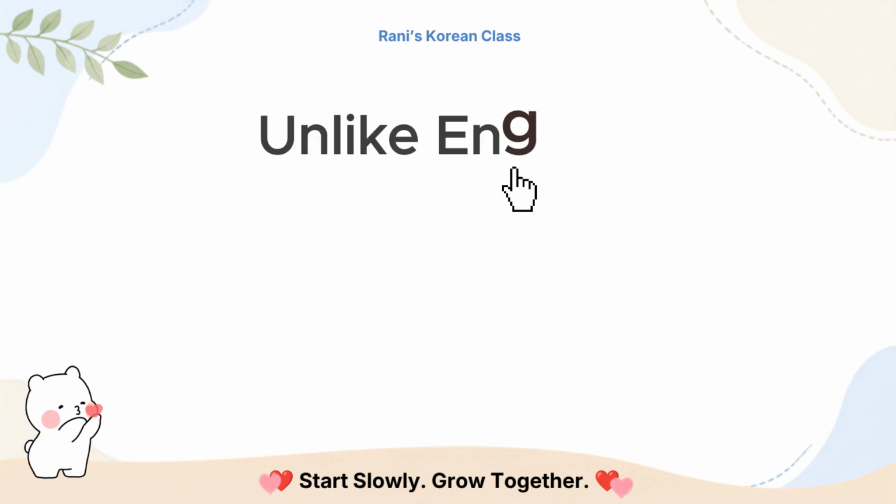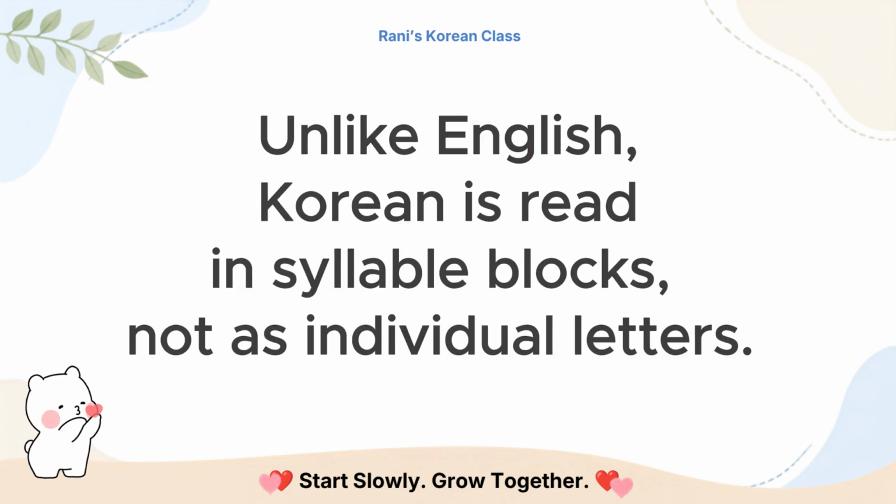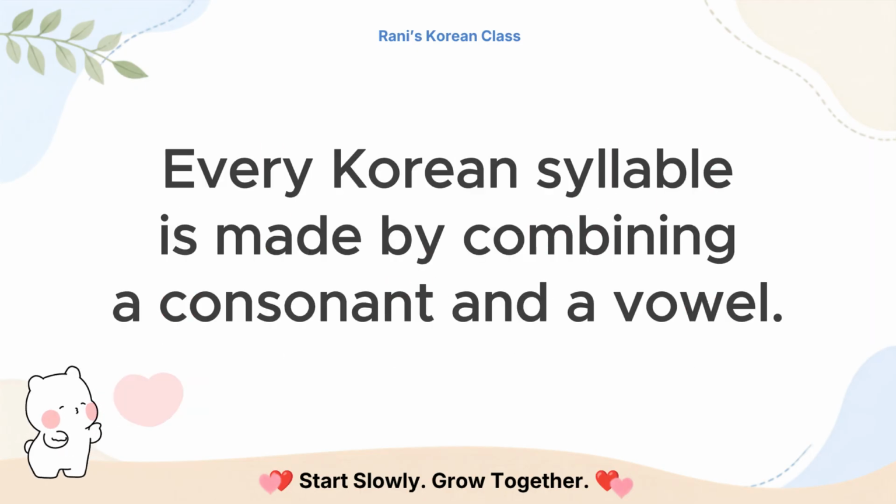We will learn it later in this workbook. For now, remember one important point. Korean letters come together to make one syllable. 한글은 글자들이 모여 하나의 음절을 만들어요. It may feel different from English at first, but once you understand the pattern, Hangul becomes much easier.